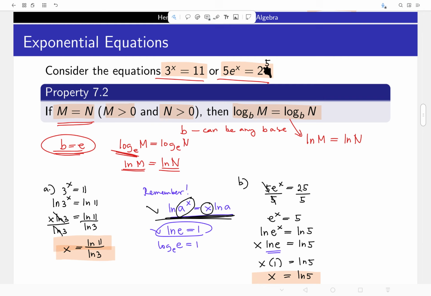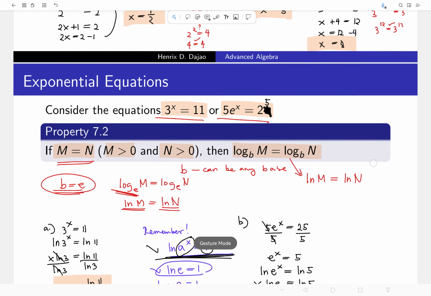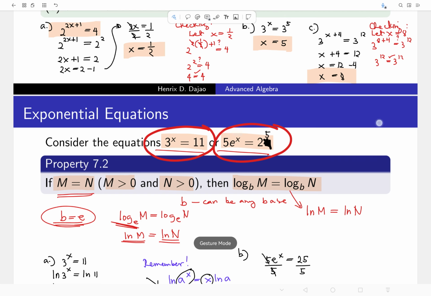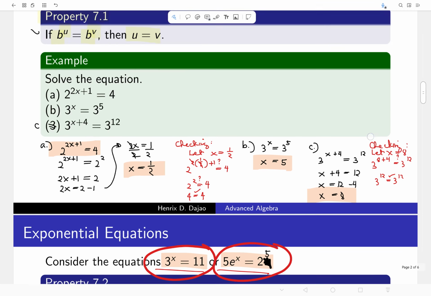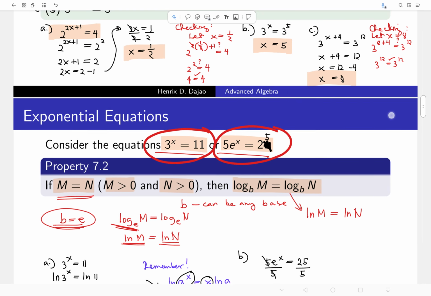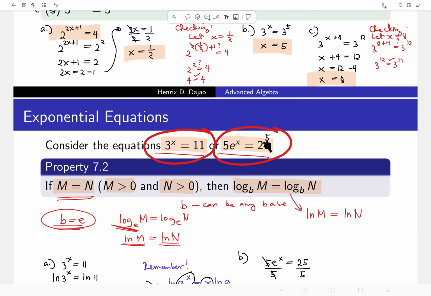Sometimes, going back to exponential equations, you are going to apply ln to both sides, or logarithm of any base in general, to both sides so that we can get the x. As you can see, usually the unknown is in the exponents.